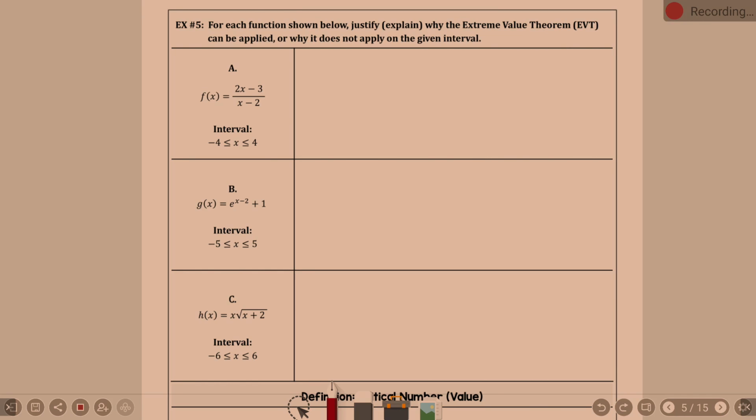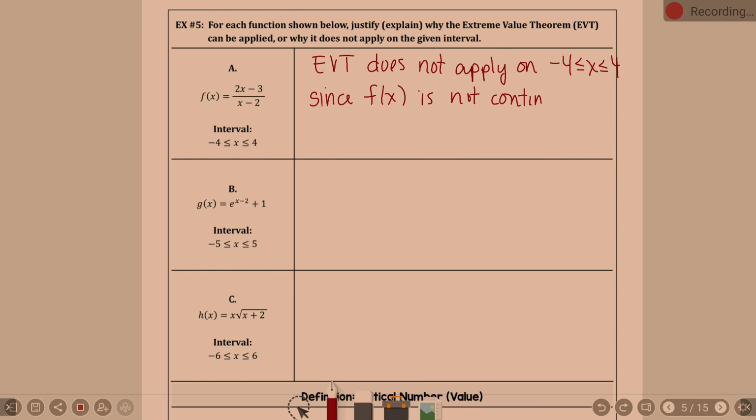So yeah, we can do A. It does not apply on the interval -4 to 4 since f of x is not continuous at x equals 2, which is in the given interval.